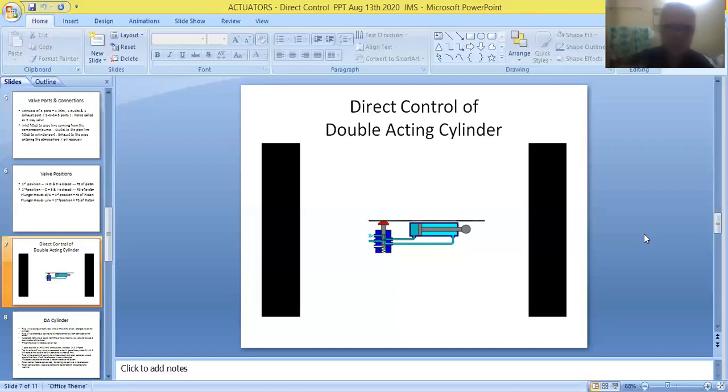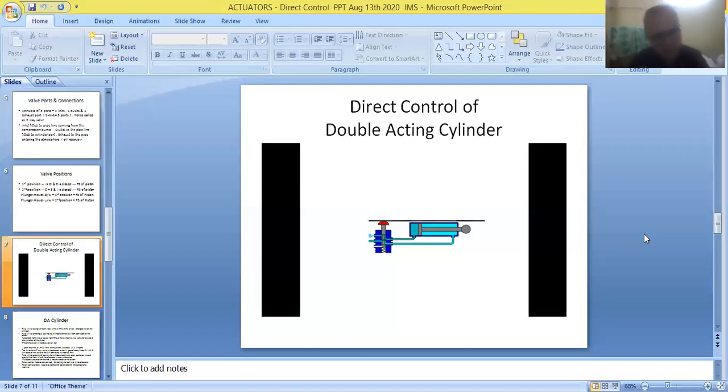And friends, as I've already told you in the beginning, just like a DC valve of a single acting cylinder, here also when the plunger moves in downward direction, valve will be coming to first position for doing forward stroke of the piston.